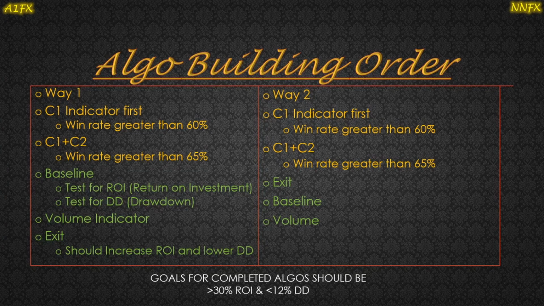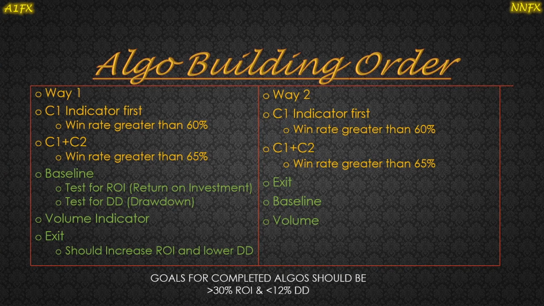And now, depending on your preference, you can do it the first way, or you can do it the second way and initially add your exit indicator, then your baseline, then your volume. But I would say whenever you're building an algorithm, volume should be towards the end of building it, and your baseline and your exit really determine your ROI.